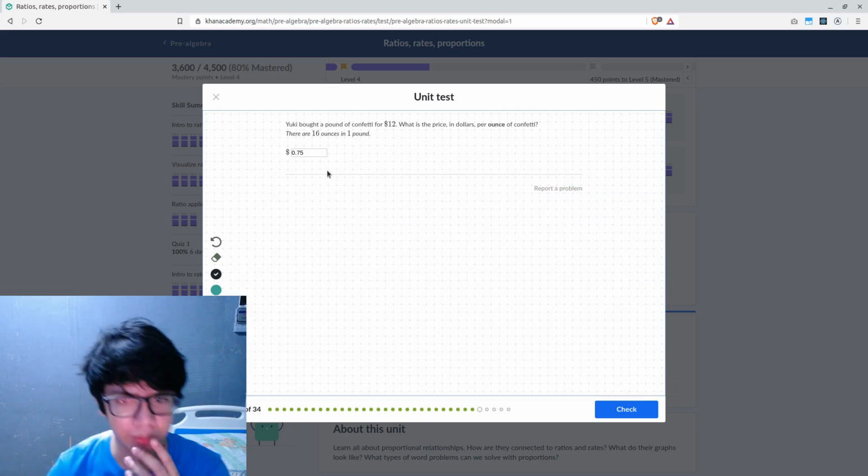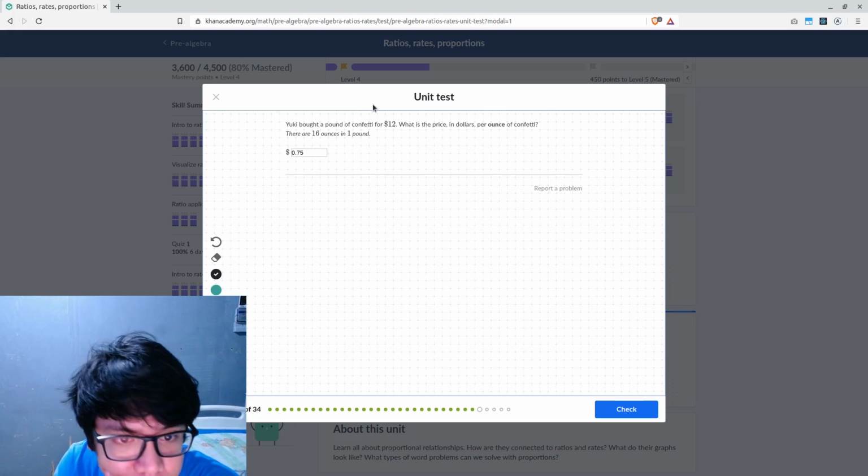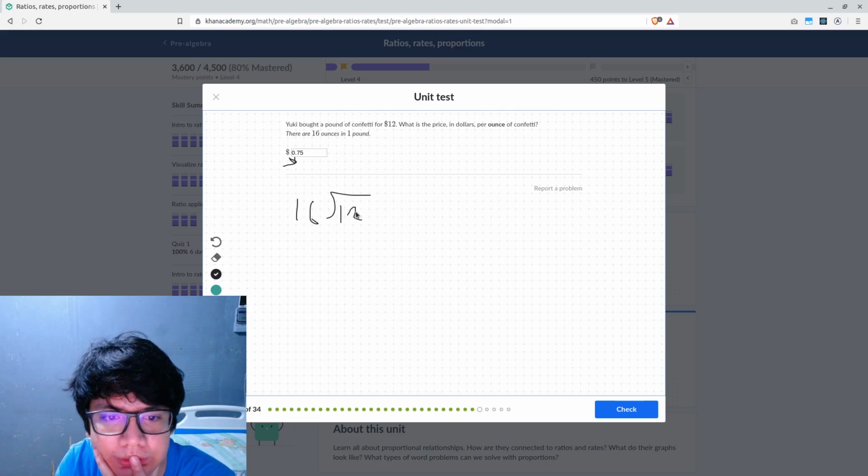This is weird. This is so simple, like we only have a pound of confetti for $12. This is literally 12 divided by 16 to get this dollar.